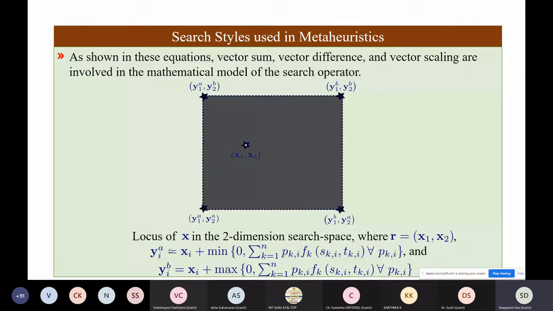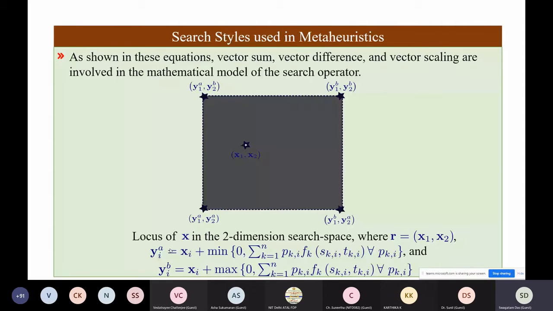That's why we say PSO, DE, and these usually very popular algorithms actually impose a hypercubic search, HC style search, which has been shown here. They impose a hypercubic style search.